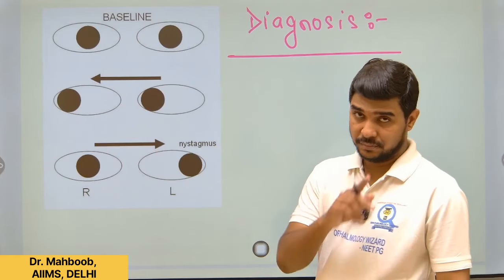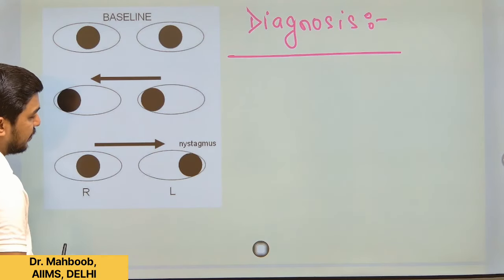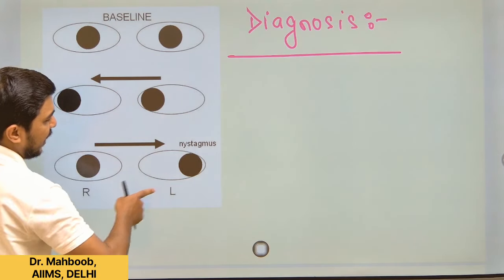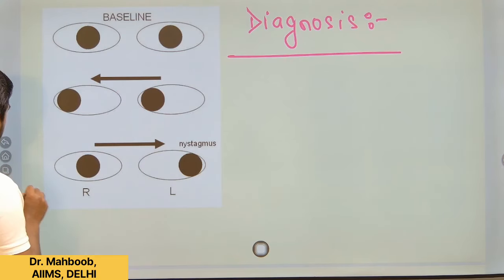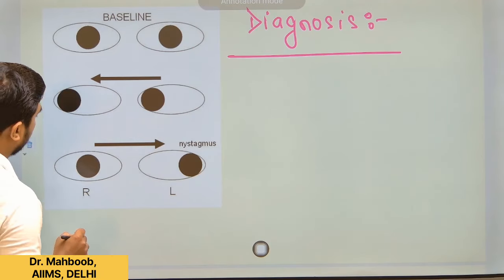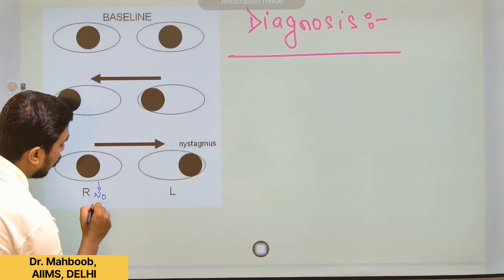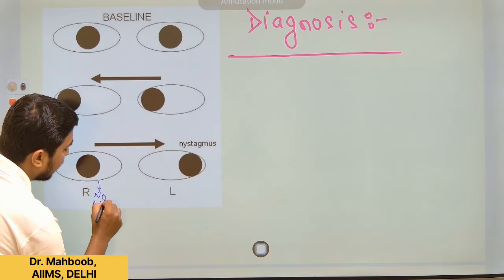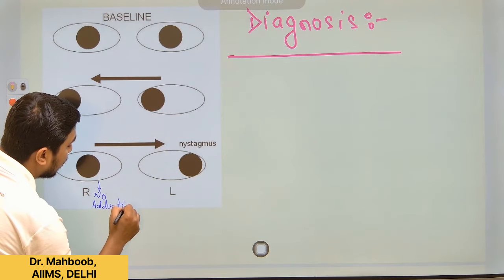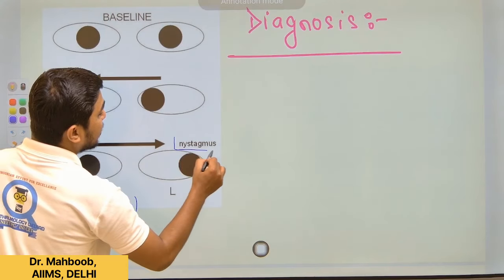But when they try to look to the left, what is the problem? On this side, no adduction in this eye, and this eye is having nystagmus.